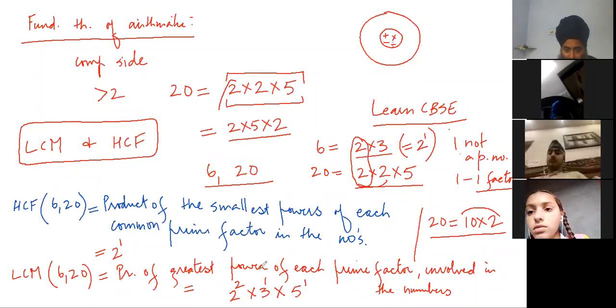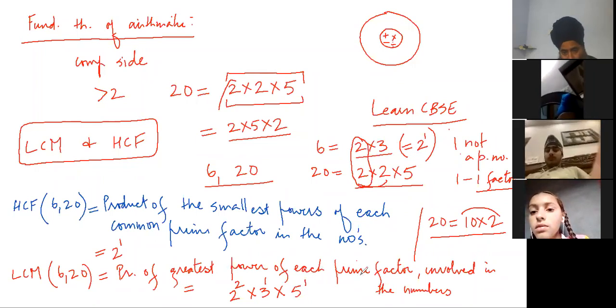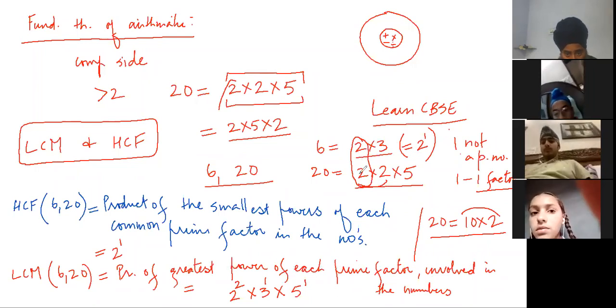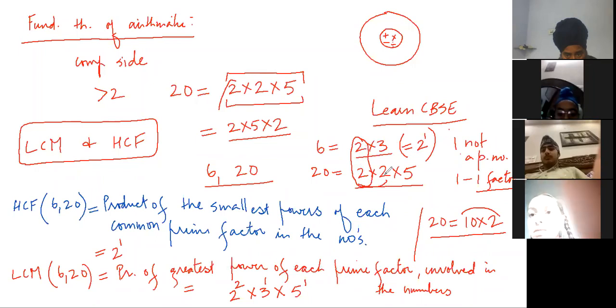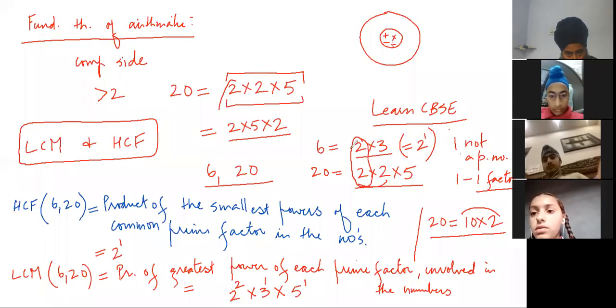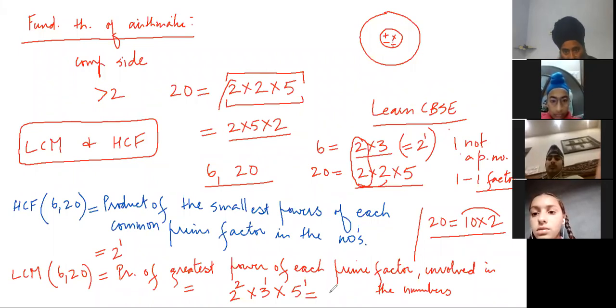We're not going to take 2 raised to power 3, because if 2 was there 3 times here, we could have written 2 raised to power 3, right? We're not talking about the common thing. So what is LCM? 5 times 3 is 15, and 15 times 4 is 60, right?